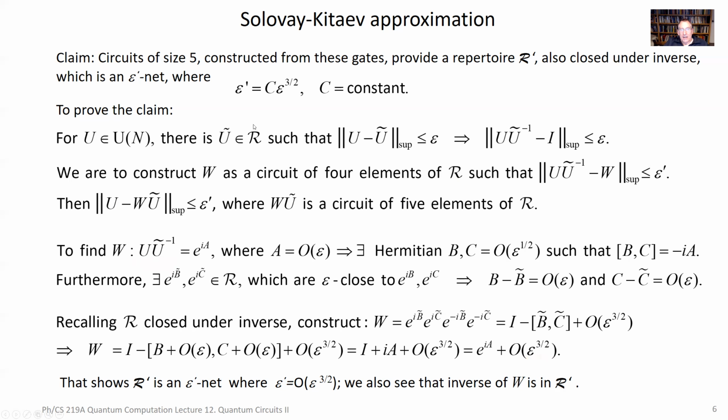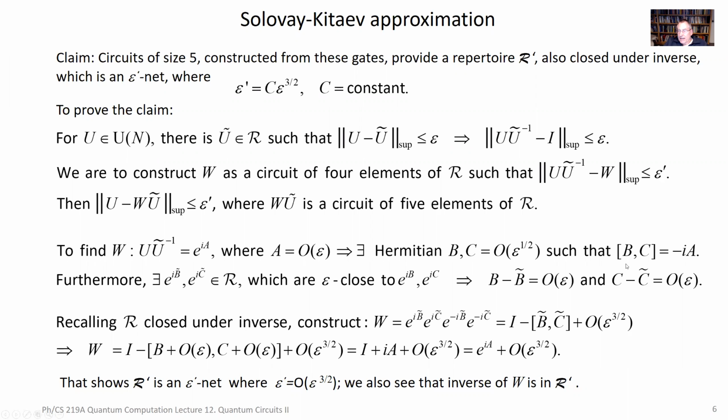We managed to make the error, although it was order epsilon in the original repertoire, now order epsilon to the 3/2 in our repertoire constructed as gates of size 4 from the original repertoire.